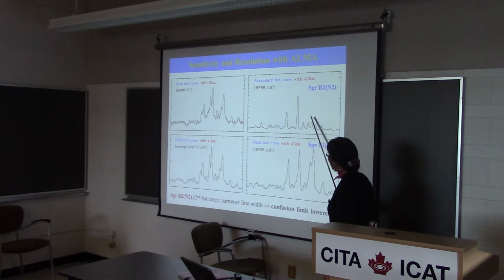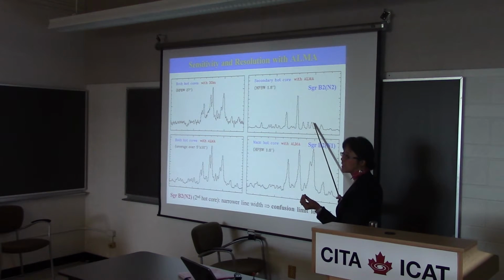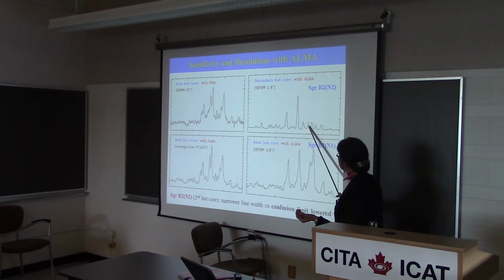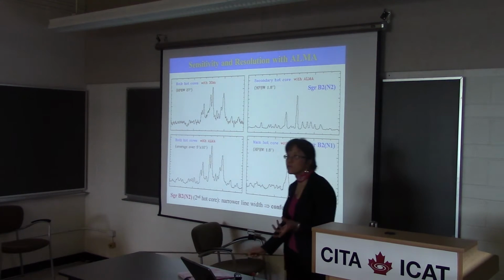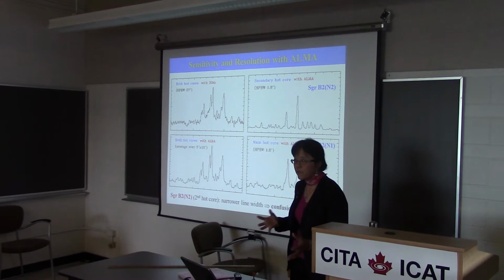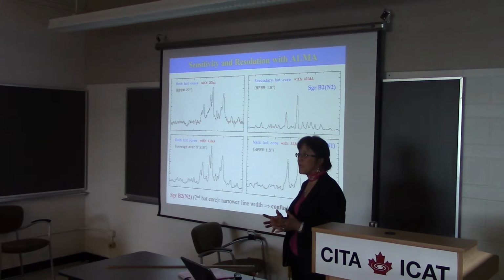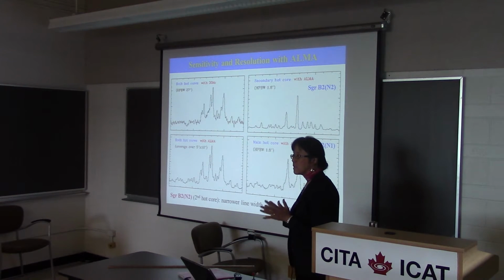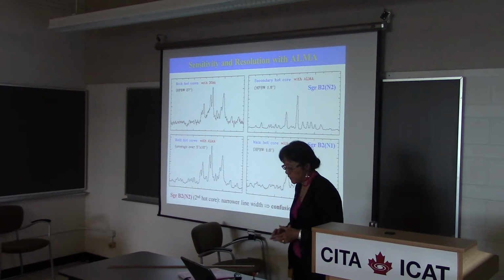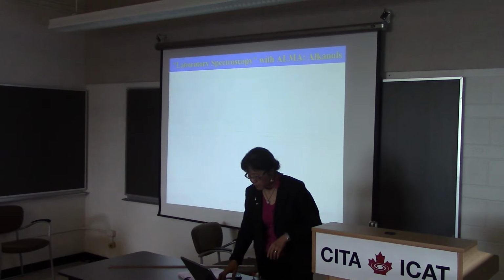Especially in the second core, the lines are significantly narrower, and there is very little confusion for identification of the species. And that led us to, in fact, detect the isoform of the species we're looking for. It's in the branched form.